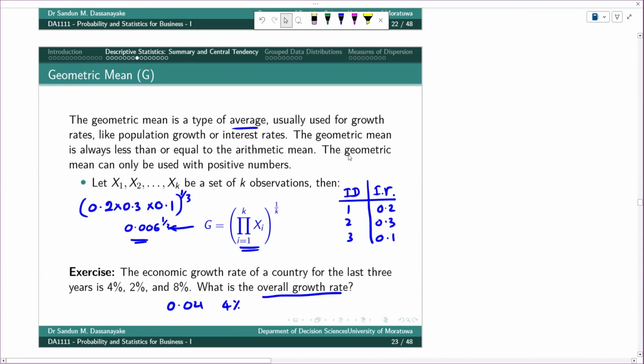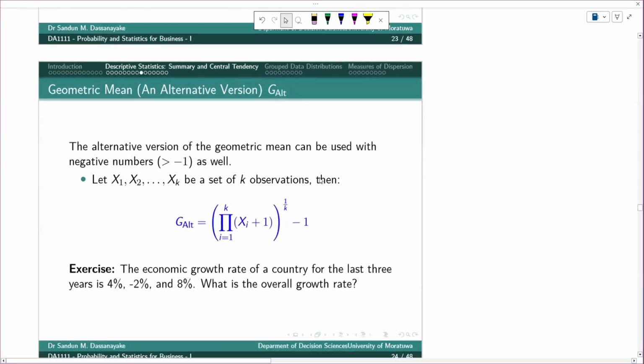Keep a note of it. Whenever you give answers to statistics questions, or this paper in general, make sure that you put your units correctly. If you haven't put the unit, the answer is wrong. Then you have the geometric mean alternative version, which is about observations where you add them up and get the overall growth rate. It's not really important. You can just skip it.